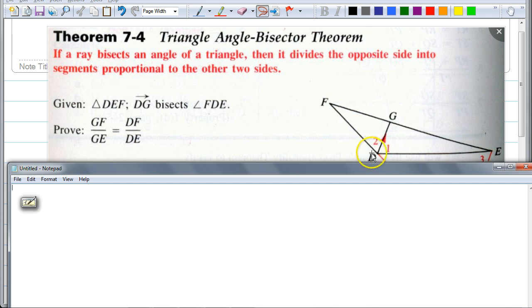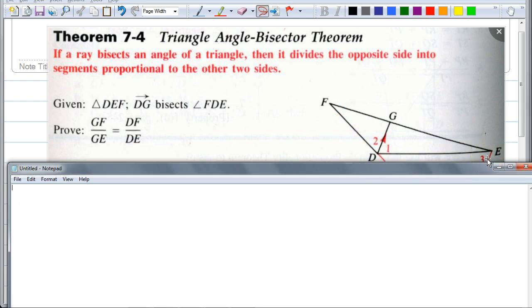So here's DG bisecting the angle, and then it says it divides the opposite side into segments proportional to the other 2 sides. What are the other 2 sides? FD and DE, right? So therefore, FG over GE is equal to what? FD over DE. That's all they're saying.